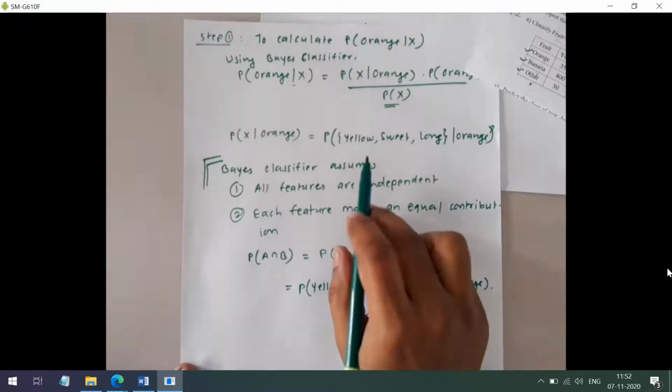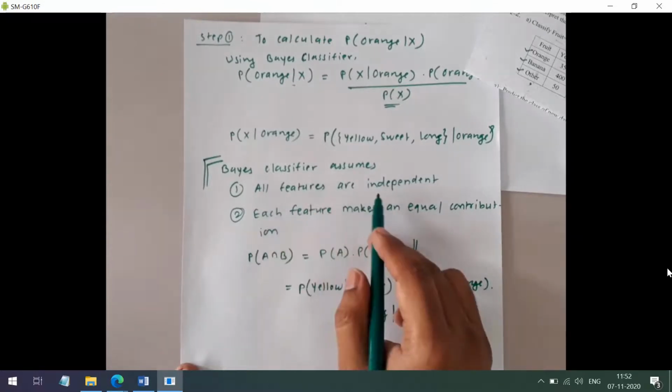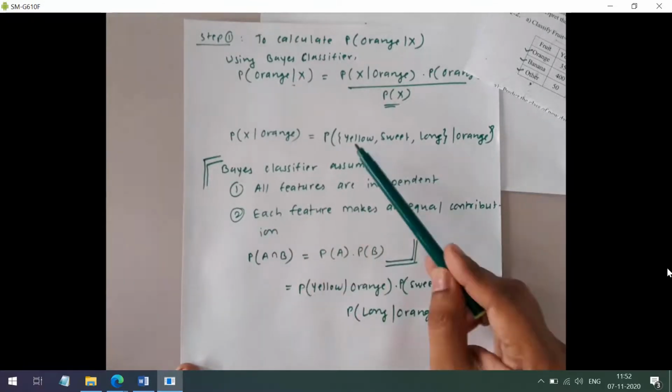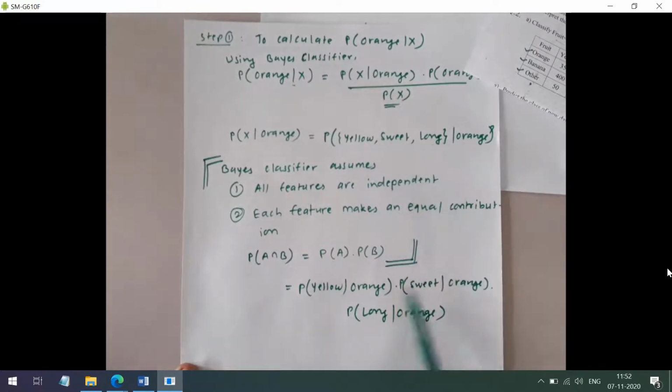We have split these features using this assumption. That X consisted of these three terms, and we have separated it out.